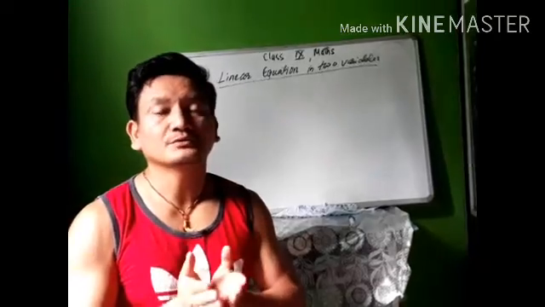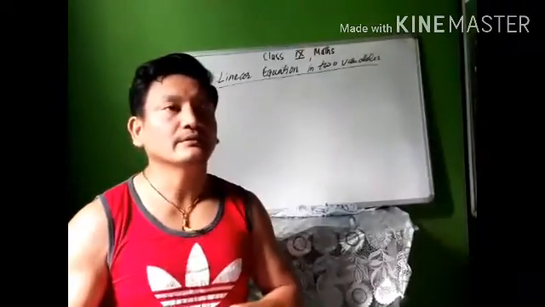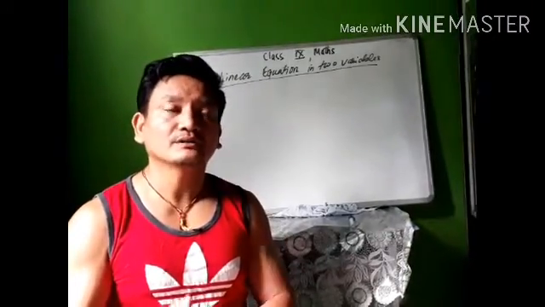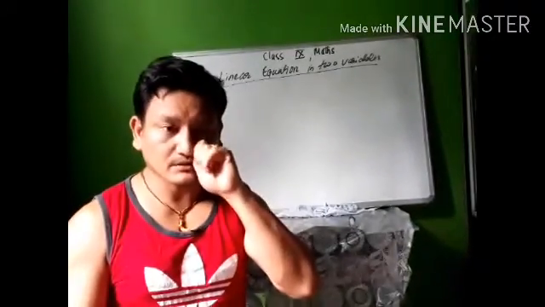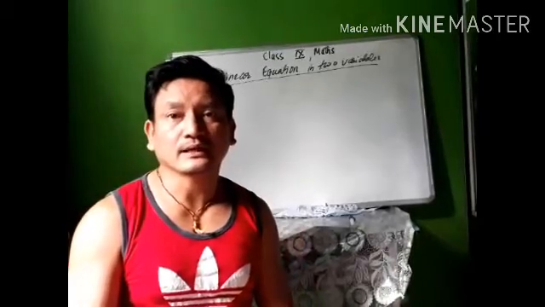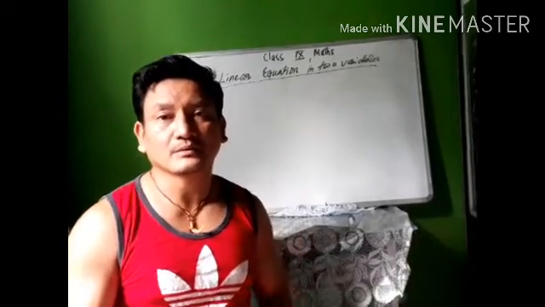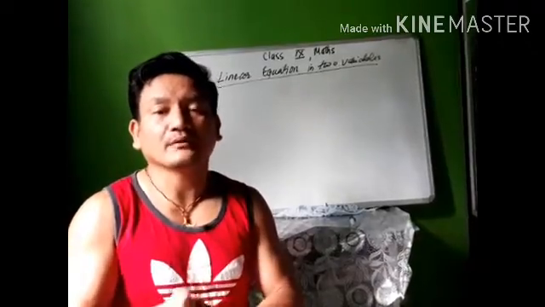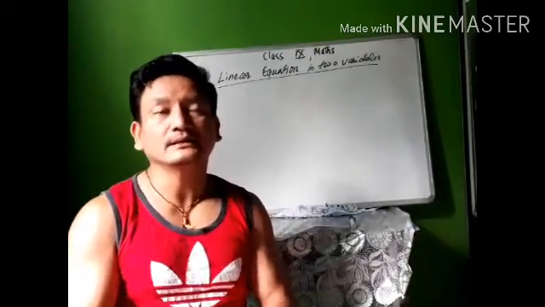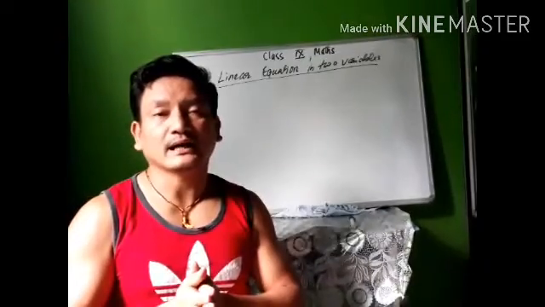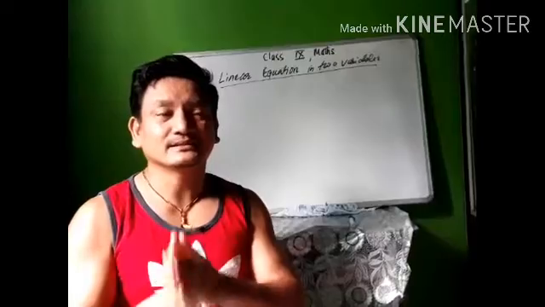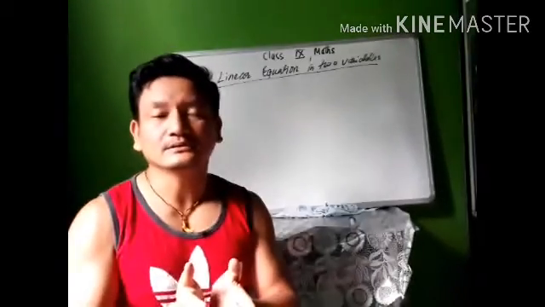So whenever you come with the word equation, there is always a balancing. Whenever we come with the topic of equation, we always have to know that we are going to balance the sides of the equation.